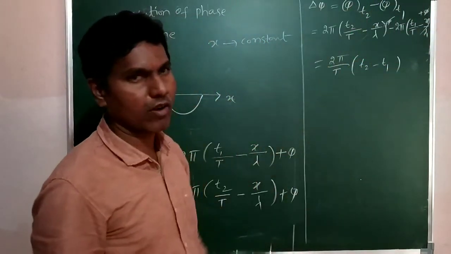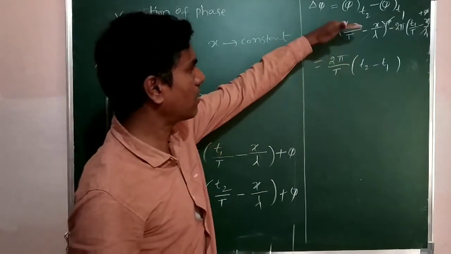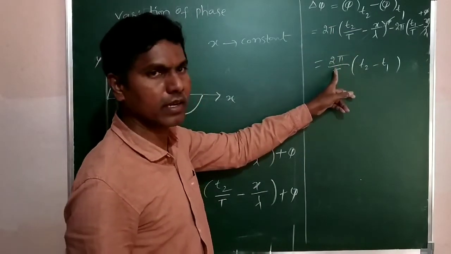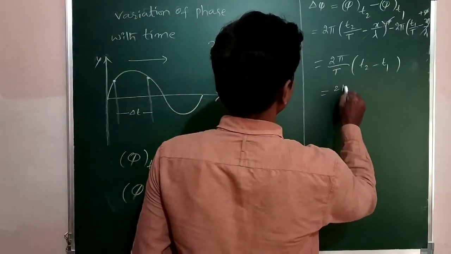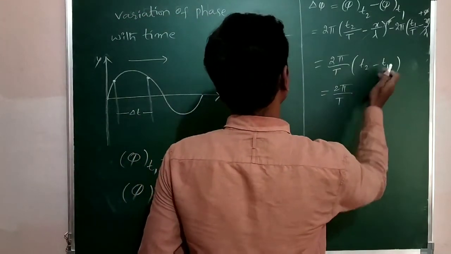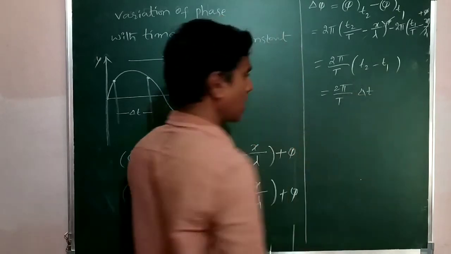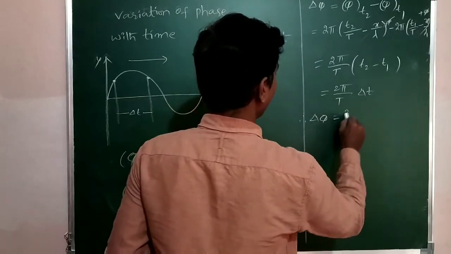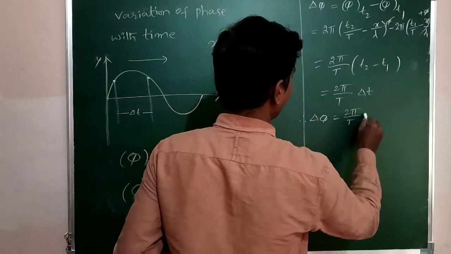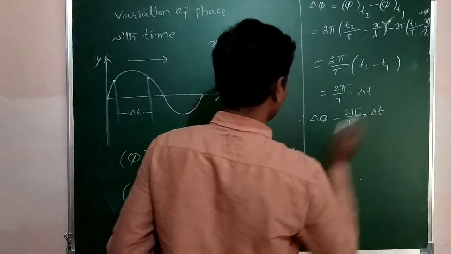The remaining part can be written as 2 pi by capital T of t2 minus t1, that is delta T, the time difference. Therefore delta phi equals 2 pi by capital T into delta T.